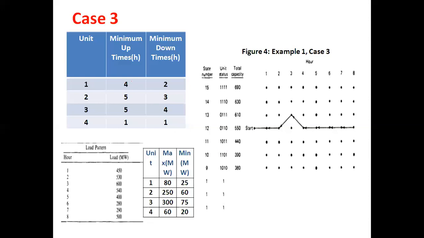If I turn on unit 1, its uptime is 4 and its downtime is 2. But if I turn on unit 4, its uptime is 1 and downtime is 1. So at hour 3 we can turn on unit 4. Unit 4 has a maximum demand of 60, so total output power is now 610, and it can serve the load demand of the third hour, that is 600.